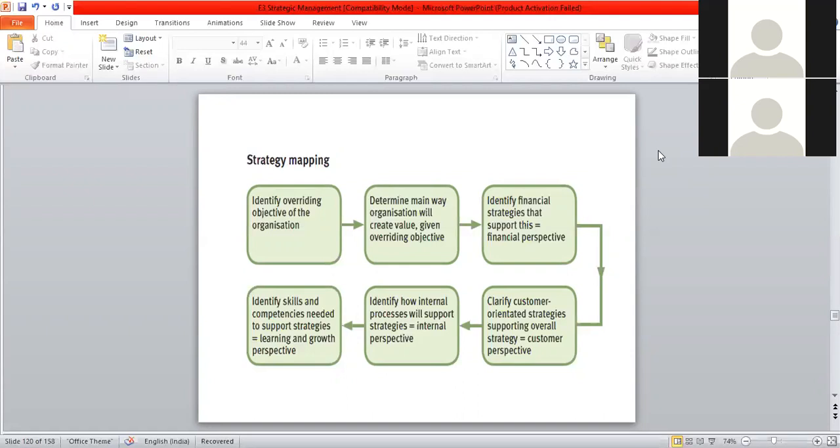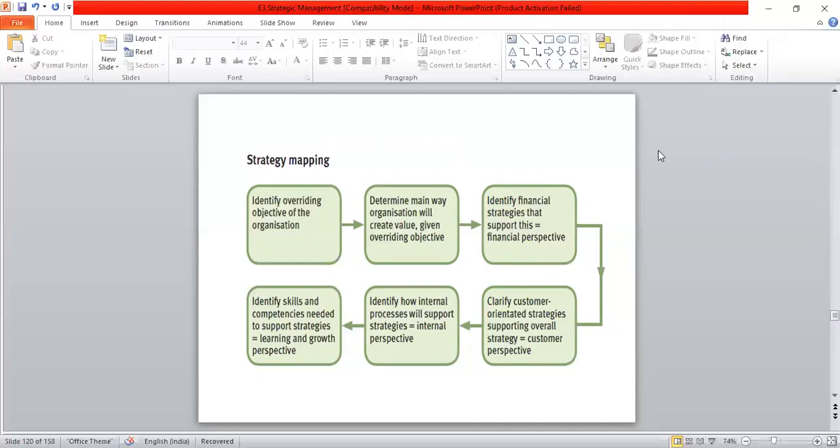If there are accidents, what remedial measures are taken? Then how do they deal with the quality aspect? How do they control scrap? These are various things which come under internal business process. So identify how internal processes will support strategies.